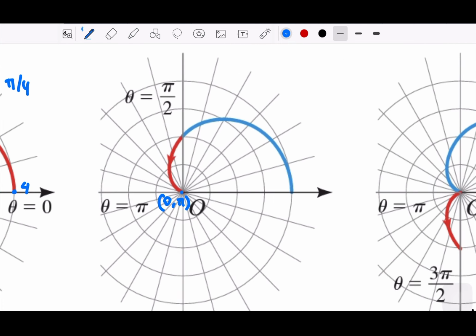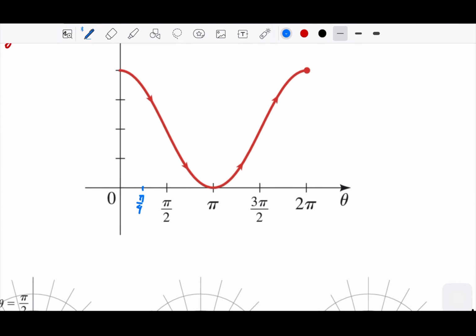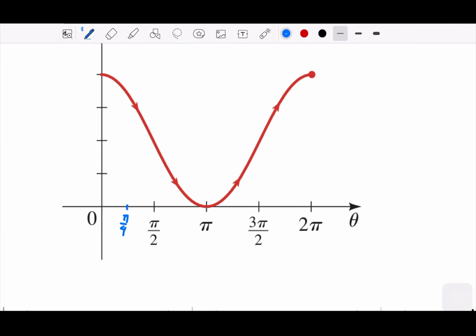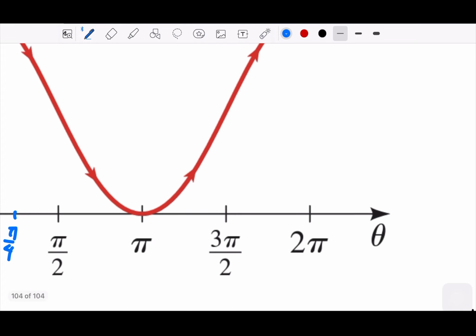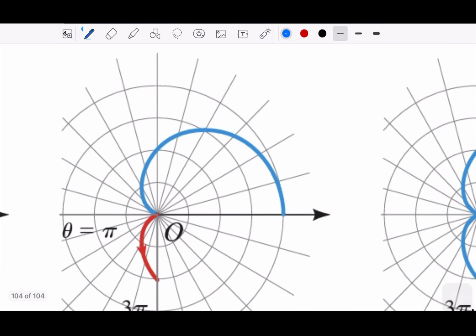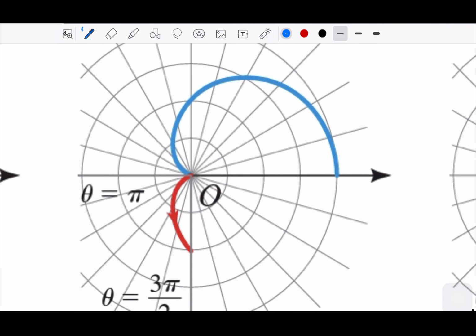What's next is we could take the angle between pi and 3 over 2 pi, and we could see that the value is increasing, and the slope is also increasing. As a consequence, we could see some change in our r.